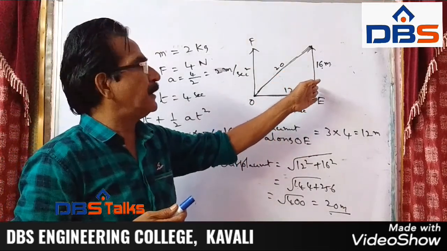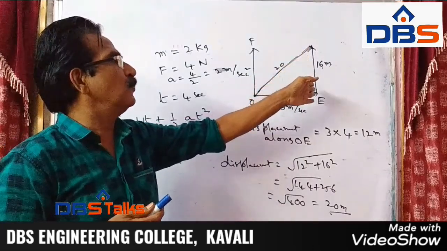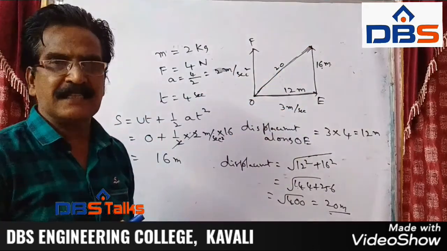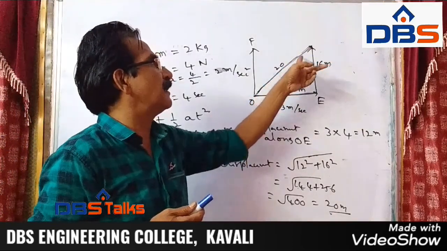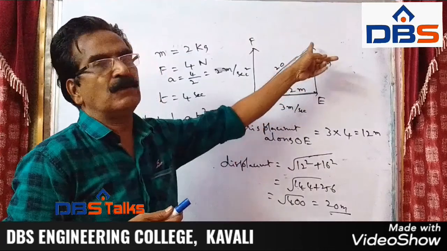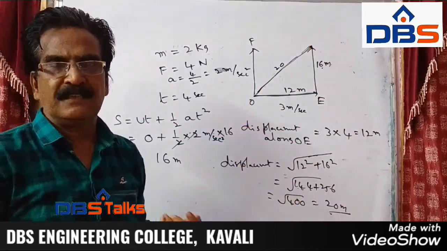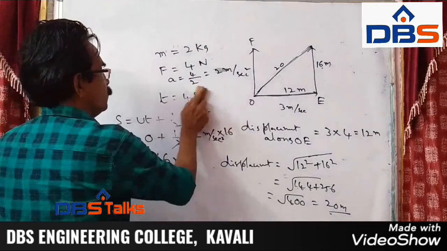So the net displacement of the ball is equal to root of 12 square plus 16 square, that is equal to 20 meters. Okay friends, that is an important problem. Let us do one more problem.